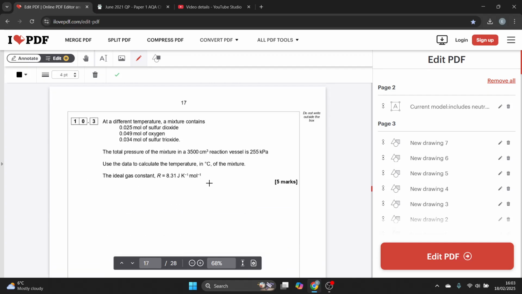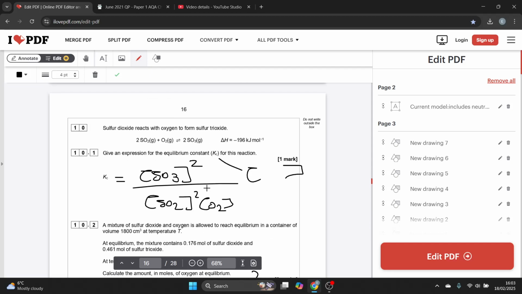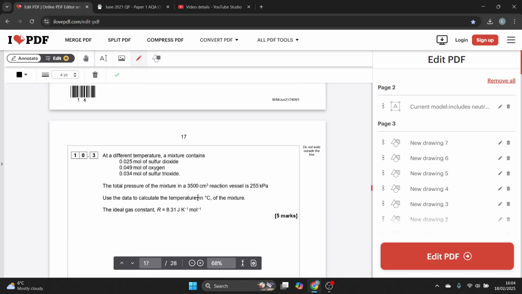10.3, a different temperature, the mixture contains this much. Total pressure is that. Use the data to calculate the temperature in degrees Celsius of the mixture. I'm given the ideal gas constant.